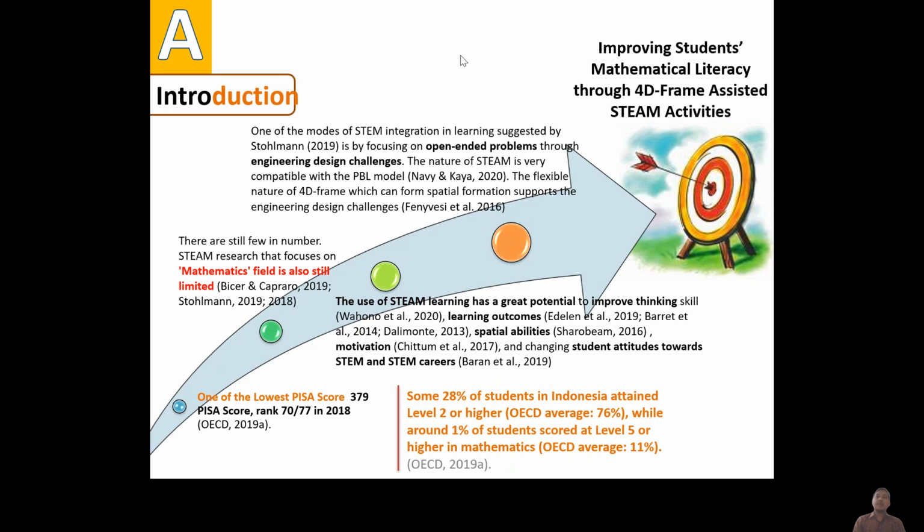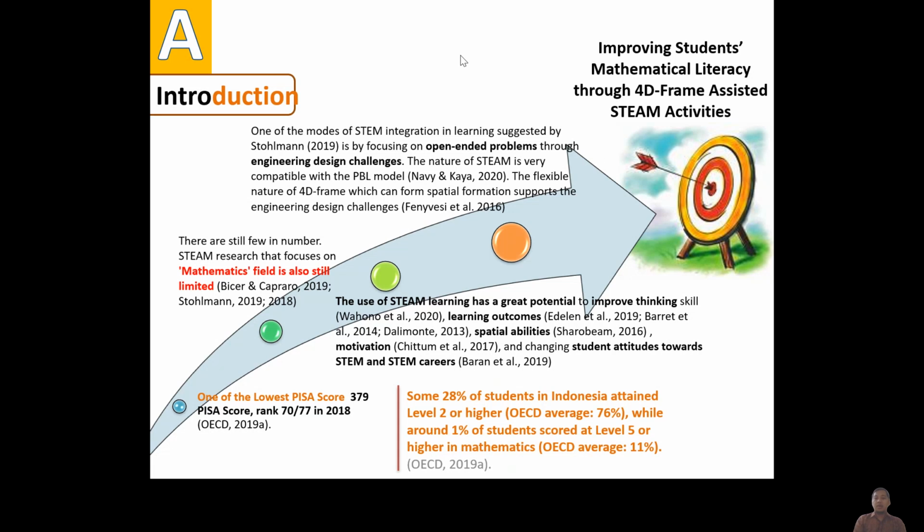From this problem, we need to find an alternative: how we change the learning environment in order to increase student mathematical literacy. So that's why we are looking for another alternative. The alternative is the use of STEAM learning, which has great potential in this case.